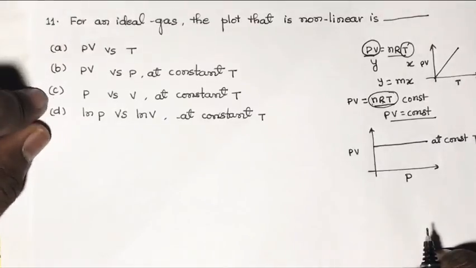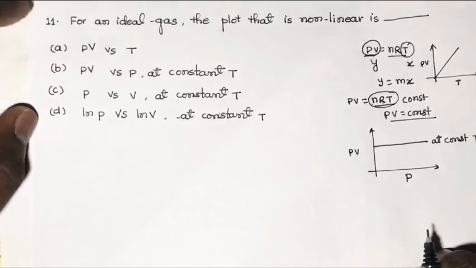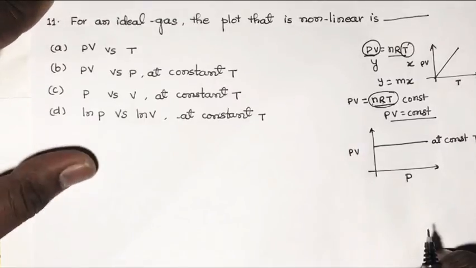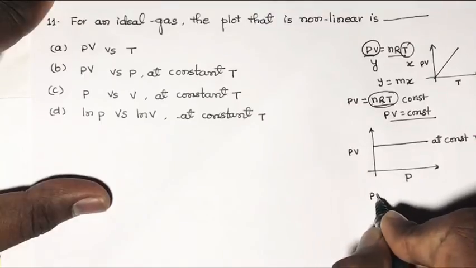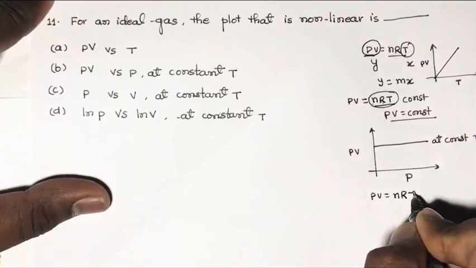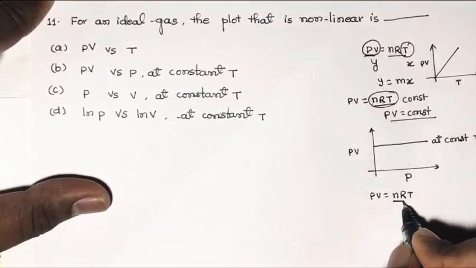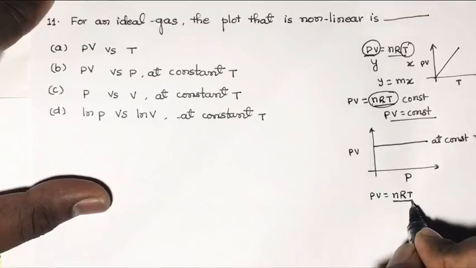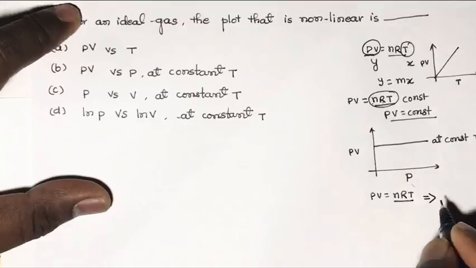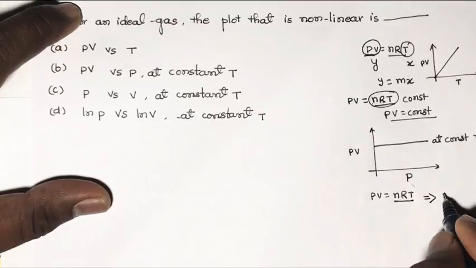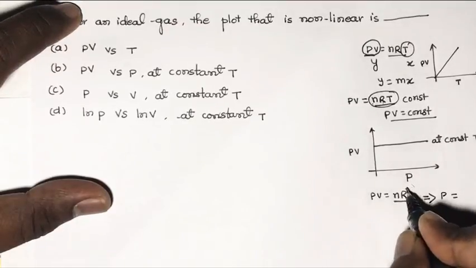Coming to the next, that is option C. P versus V at constant temperature. Now we know that PV equals nRT, and if the temperature is constant, then P equals K by V, where K is constant.